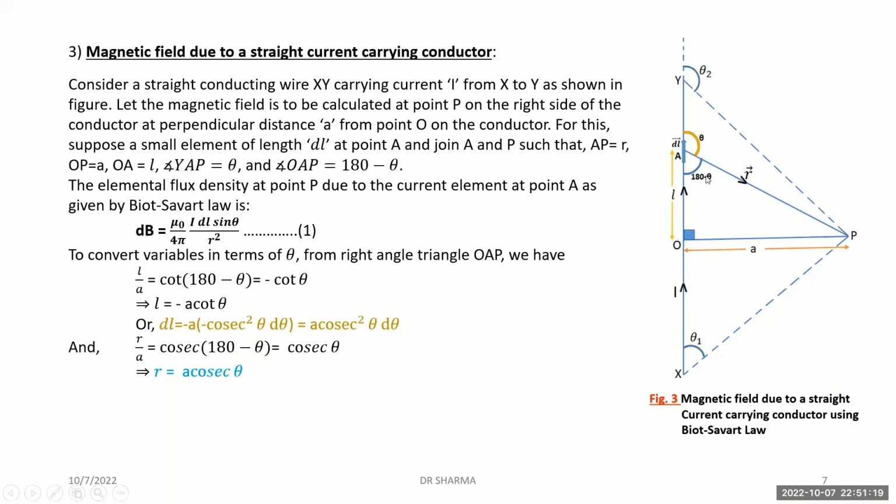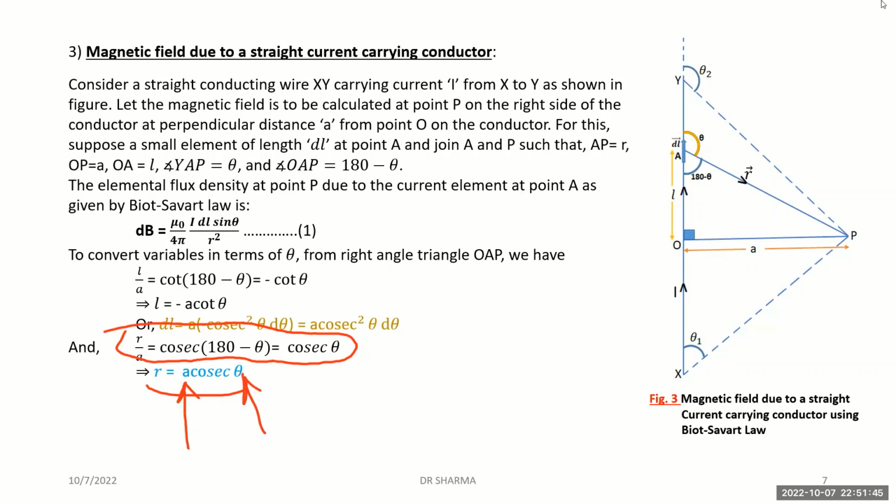Here, in place of theta, the reference angle is 180 minus theta. So r by a is cosec of 180 minus theta, and cosec of 180 minus theta is equal to cosec theta. So this implies r is equal to a cosec theta. Again, the variable r is also converted in terms of a constant and the variable theta.